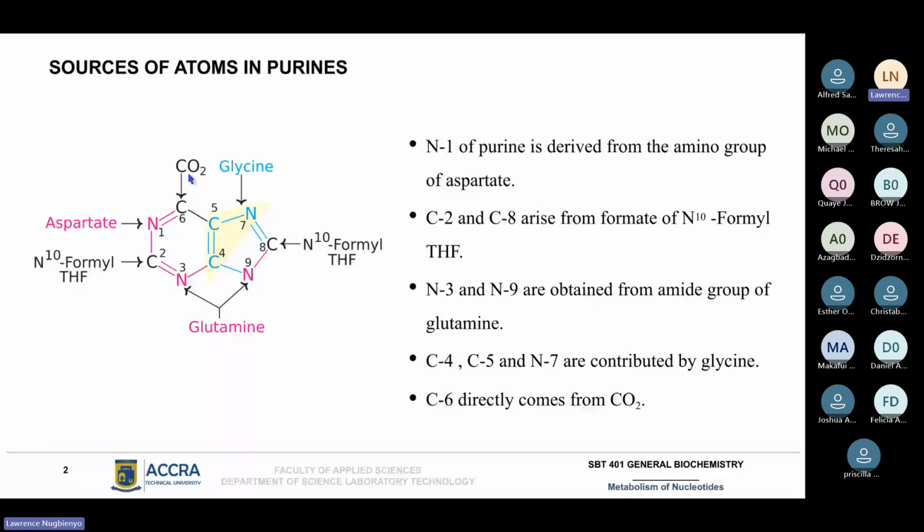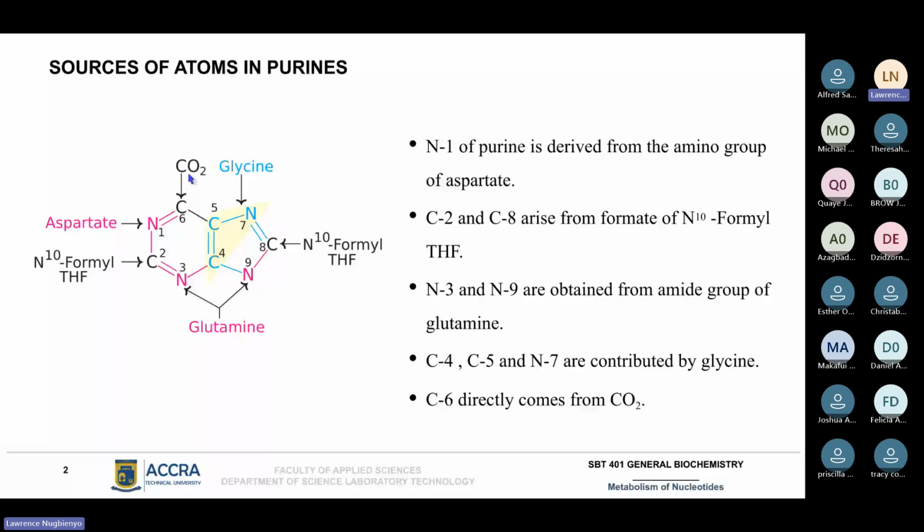So it has this utilization in different metabolic processes. So we can now appreciate the fact that carbon dioxide also has this importance in the involvement of metabolic processes in the body.